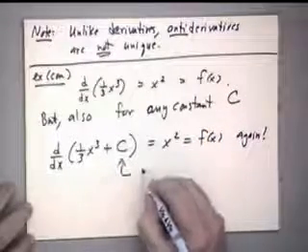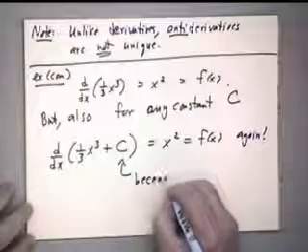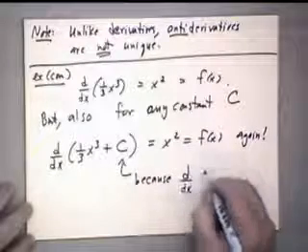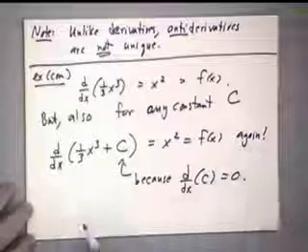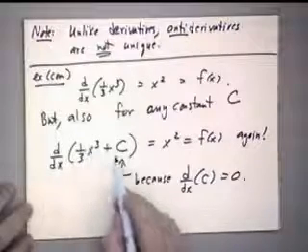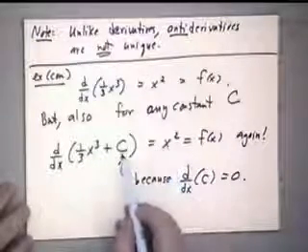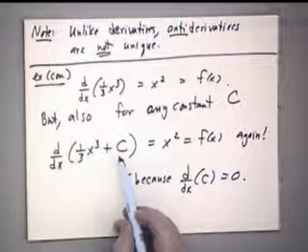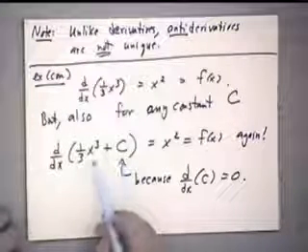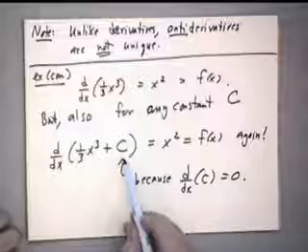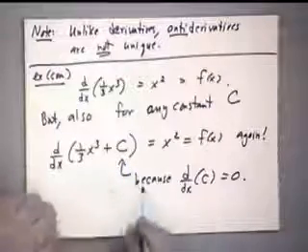And this is because the derivative of a constant is always 0, which means any function of this form will give us x squared. And since there are an infinite number of possible constants here, there are an infinite number of possible antiderivatives. And that's what makes this different from doing derivatives. So let's put this all down in the form of a theorem so we can remember it.